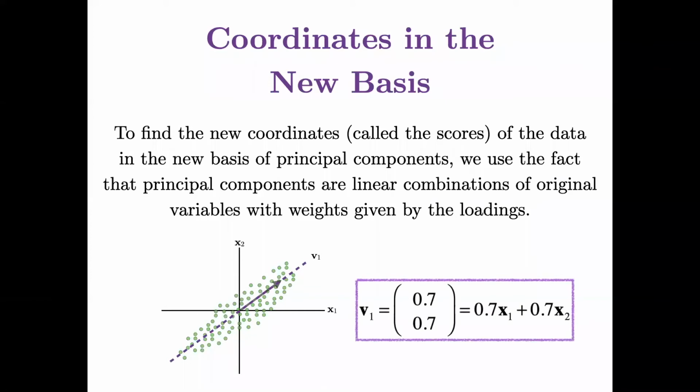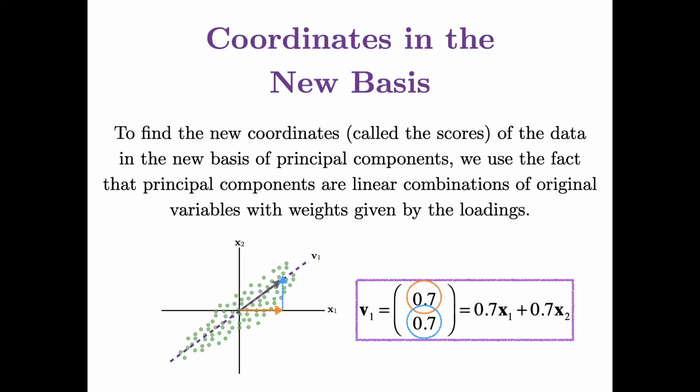So if I write V1 is the vector 0.7, 0.7, what I mean by that geometric interpretation is that the 0.7 tells me how far to go along the x-axis, and the other 0.7 tells me how far to go along, in this case, the x2 axis, in order to get to the unit vector V1 pointing in the direction of maximum variance.